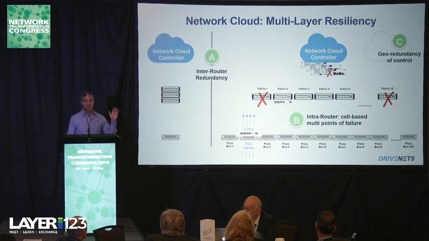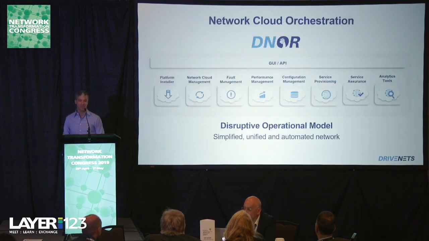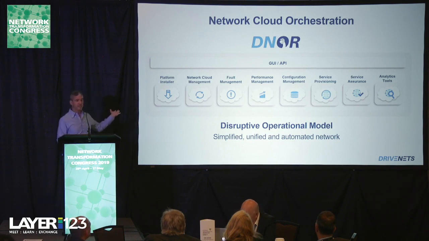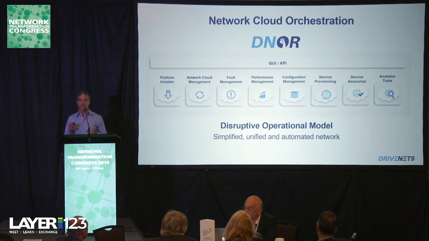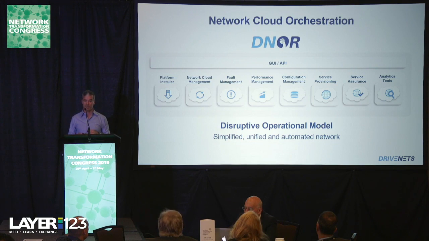But we can't complete any session here without talking about the orchestrator, right? So network cloud includes an orchestrator. And in the same way, in the cloud, in the data center, we saw that in order to scale, you must automate everything. Network cloud was built from day 1, and as Javier said, it must be designed from day 1 for zero-touch provisioning.